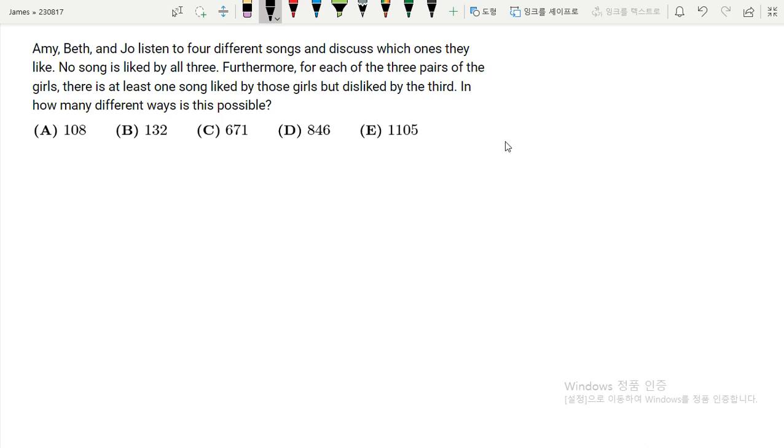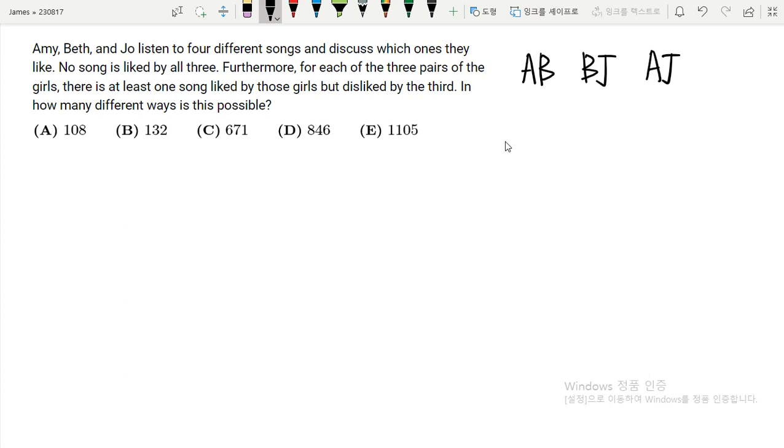So that means when there are four songs, let's say the first song is liked by Amy and Beth, but disliked by Joe, and the second song is liked by Beth and Joe, but disliked by Amy, and the third song is liked by Amy and Joe, but disliked by Beth.